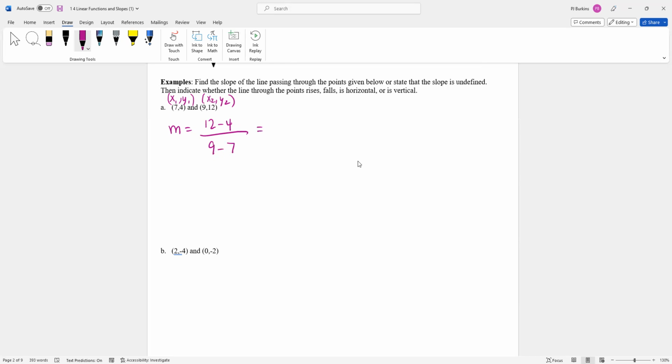Okay, so that's going to be 8 over 2, or 4. So my slope is 4. So that's positive, which means I should expect this thing to rise. Okay, or I would prefer to say it's increasing.